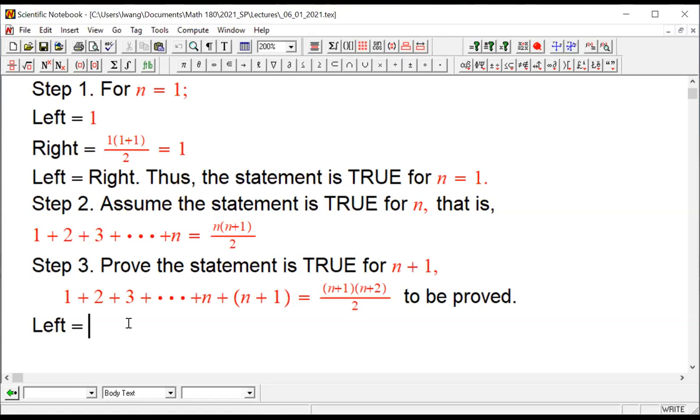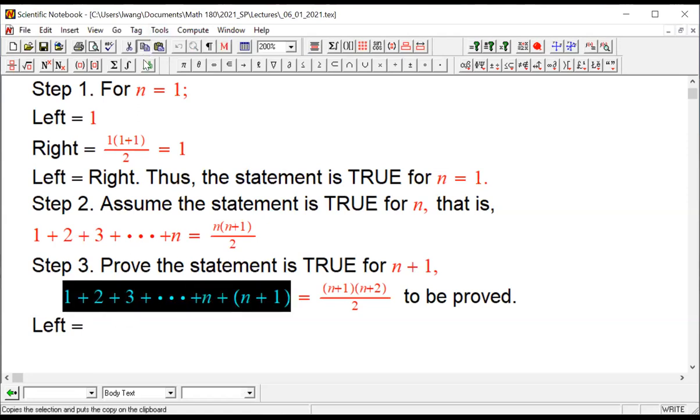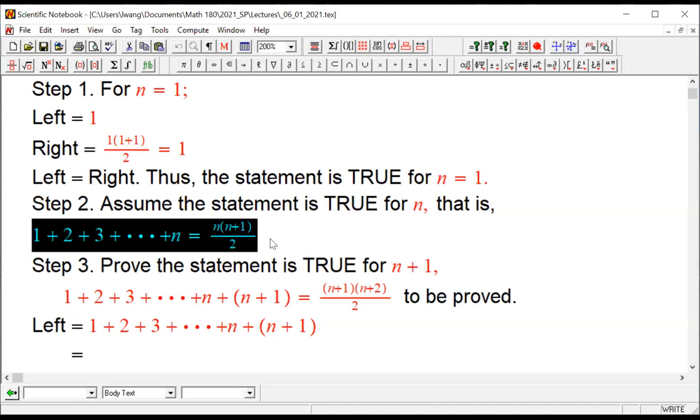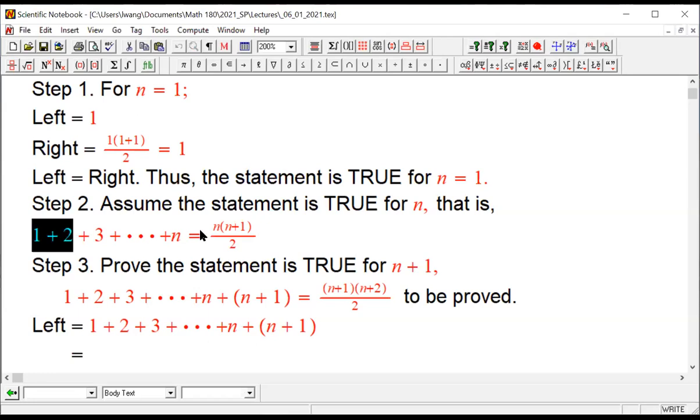Okay, so in this case, let's do the left. We're going to start with this left-hand side. This is our assumed, so that we can use the assumed. The assumed says 1 plus 2 plus 3 all the way up to n.